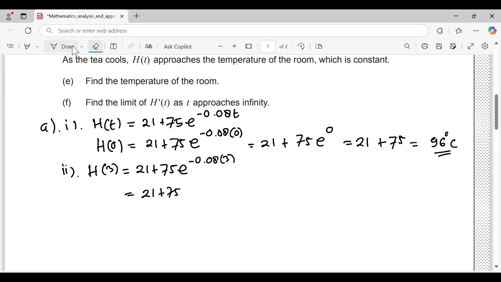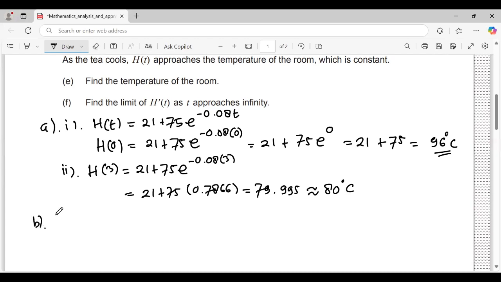I have calculated e power minus 0.08 times 3 as 0.7866. If you calculate, the result is 79.995, rounded off, 80 degrees Celsius. So 80 degrees Celsius is the temperature of the tea after 3 minutes.